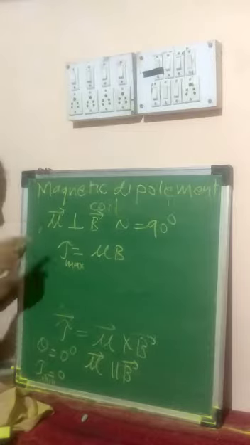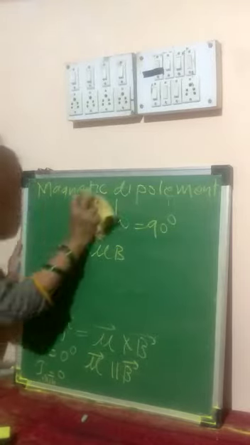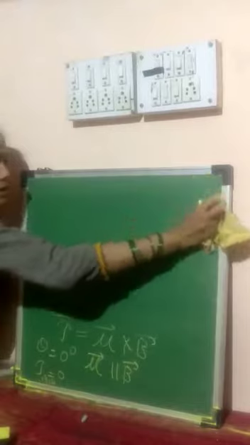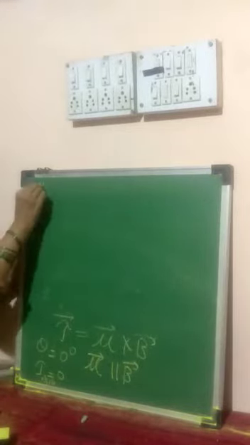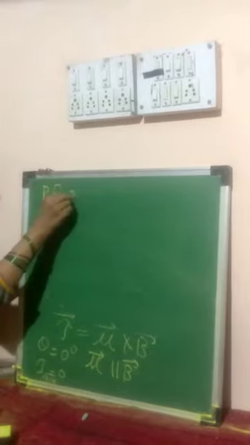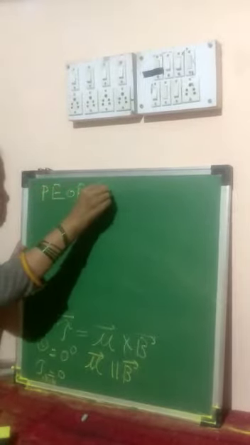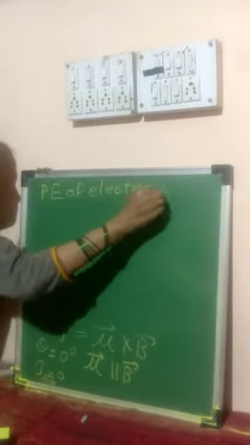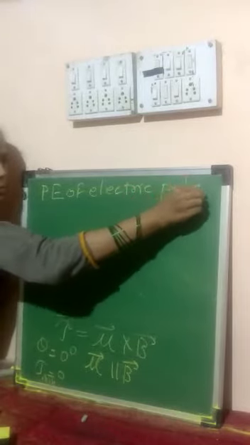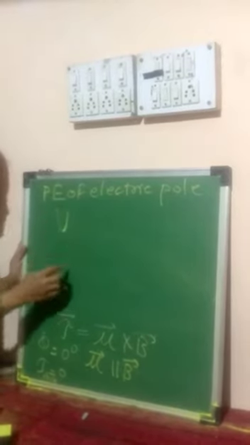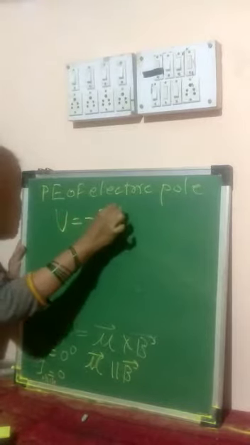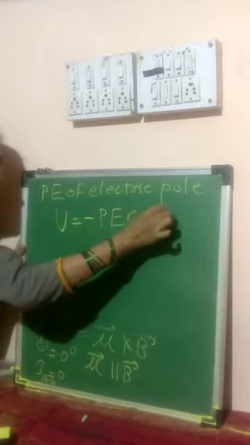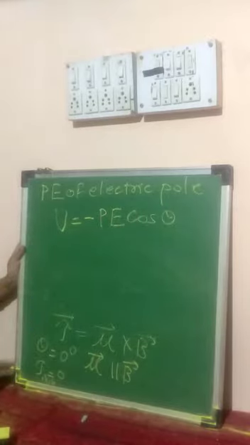Already in electrostatics you have seen the potential energy of an electric dipole. The potential energy, denoted by letter U, is equal to minus p E cos theta. That formula we have seen.